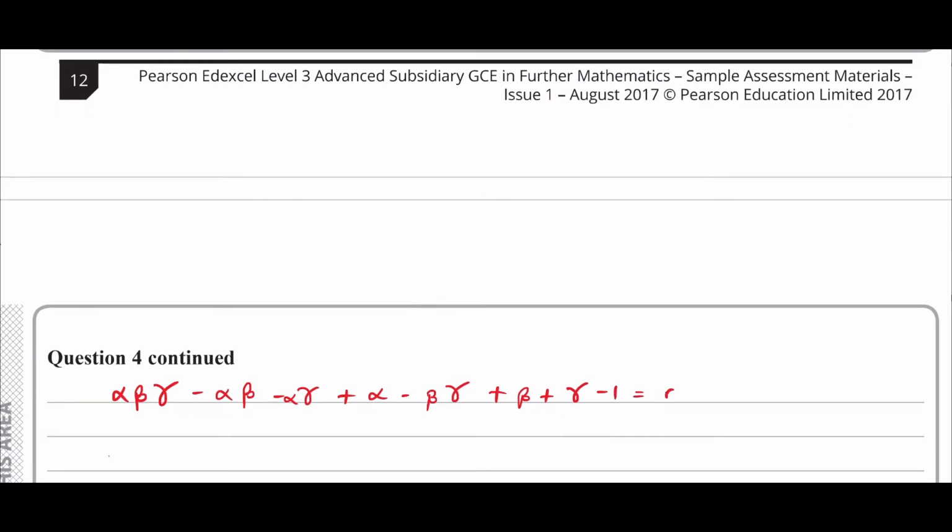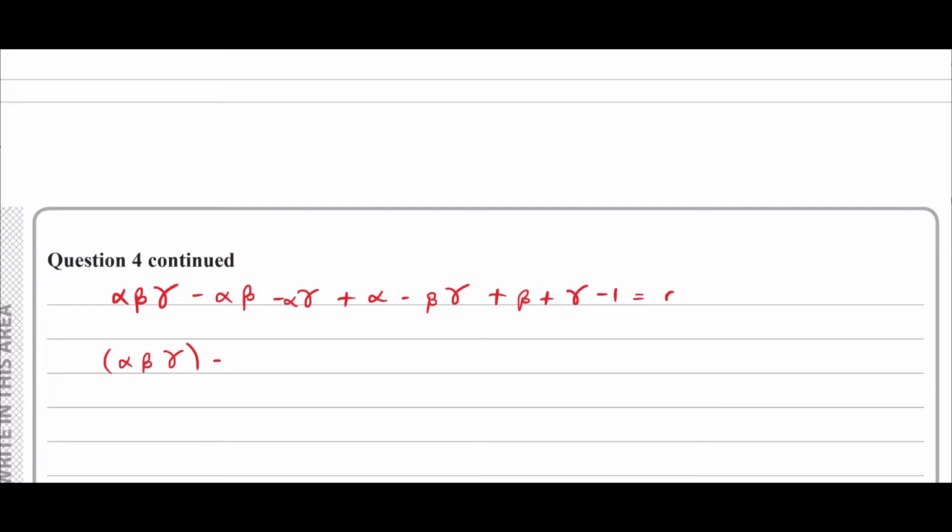So we have alpha beta gamma, and then we subtract off alpha beta plus alpha gamma plus beta gamma, and then we add on alpha plus beta plus gamma, then we subtract 1. All this is equal to minus r.